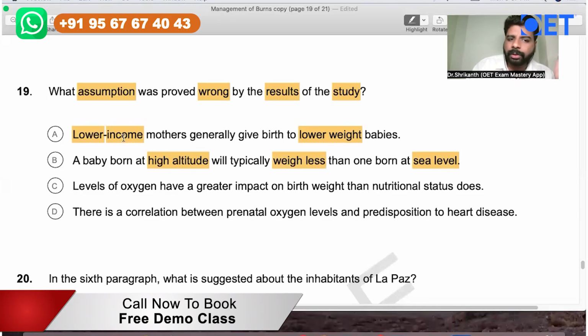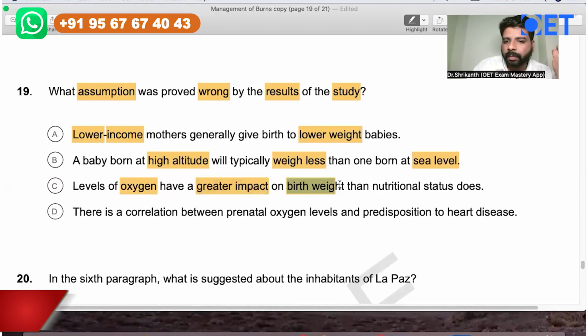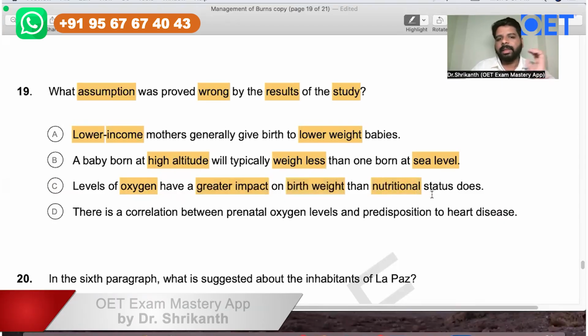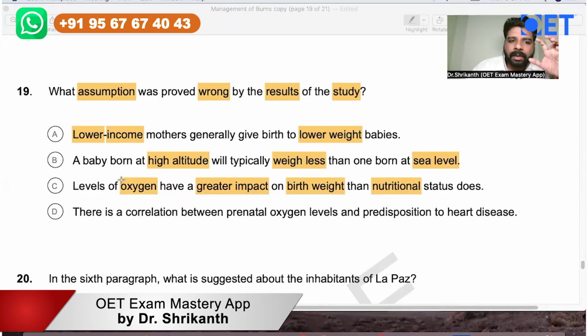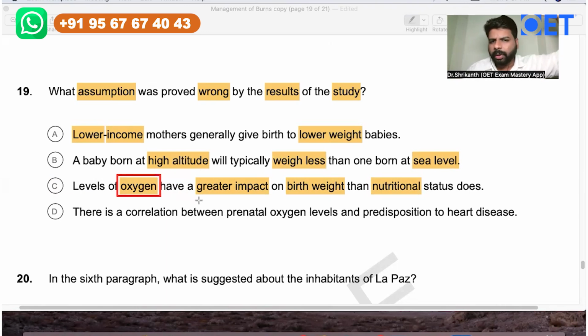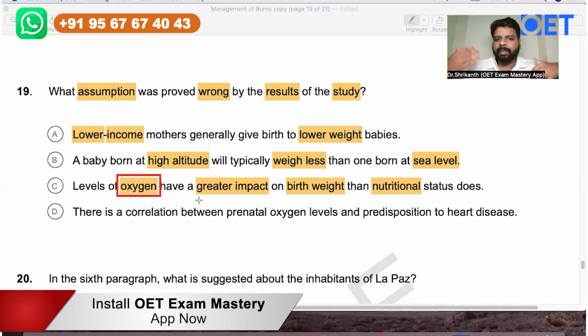Now let's come to answer option C. Levels of oxygen have a greater impact on birth weight than nutritional status. So here there is a comparison. Don't you think there is a comparison over here? What are they comparing? Levels of oxygen. At higher altitude, oxygen is less. That is why people who climb Mount Everest wear oxygen masks.